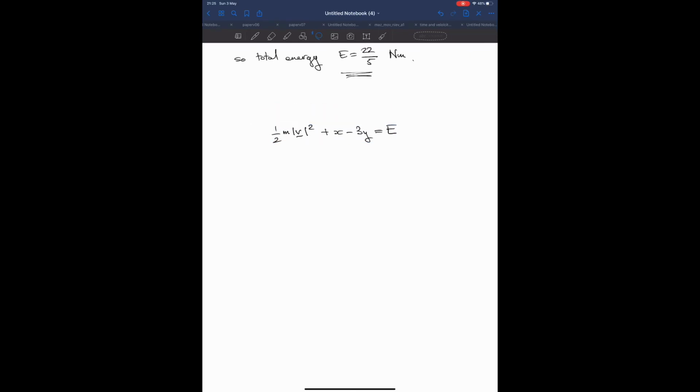So this is for part 3: find kinetic energy and speed, when the object has the coordinate (3, 2).